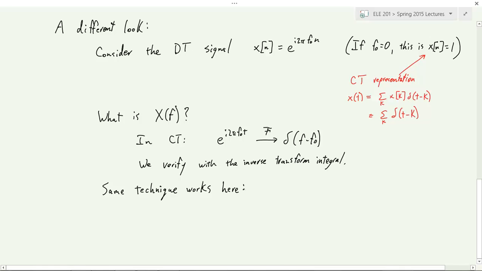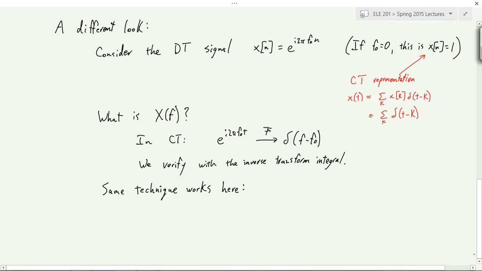Any ideas? So if you look at the formula, aside from changing the t to an n, there's only one difference. You integrate over only one period because discrete time Fourier transforms are periodic. So you usually say 0 to 1 or negative half to half, or something like that.